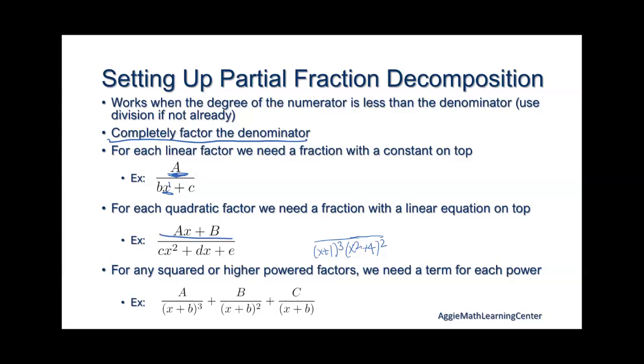So if I had x plus 1 cubed, I'd need x plus 1 cubed underneath a constant, plus x plus 1 squared underneath a constant, plus x plus 1 underneath a constant. And just as a reminder, this is addition, so I could write them in whatever order I care to.